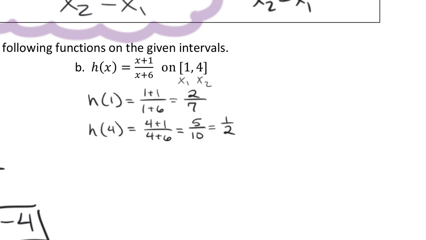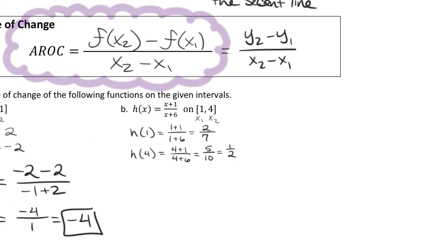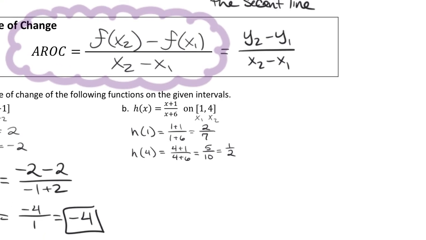Since we are computing the average rate of change, again, we're using the function notation version of this equation, and we always at least write down the name of the function to show our work, which means this becomes h of 4 minus h of 1 all over 4 minus 1. Well, let's substitute in what we know.